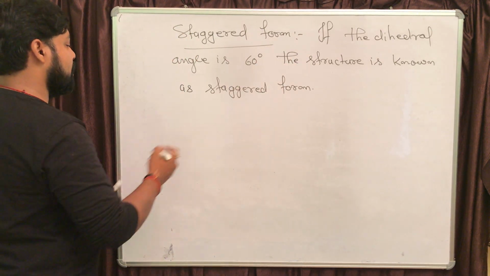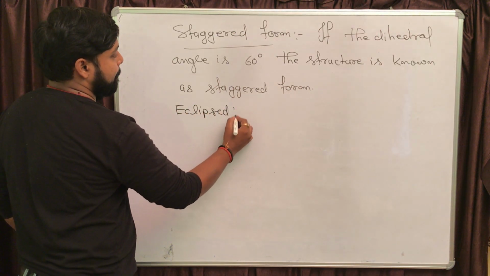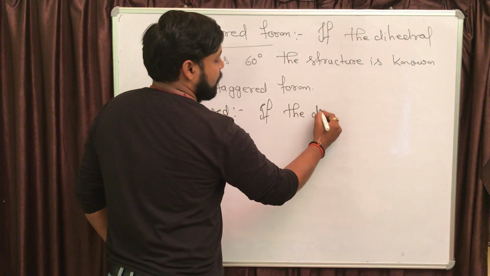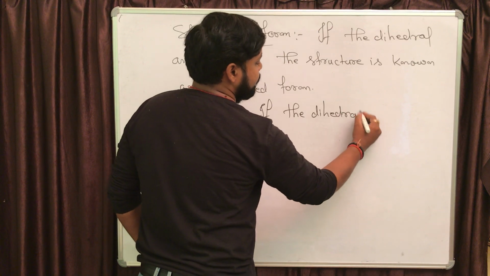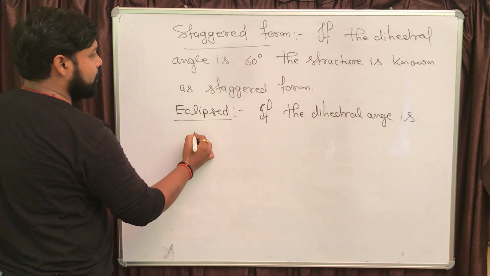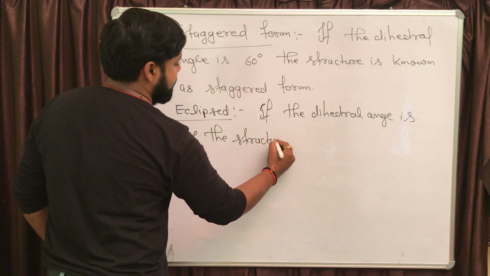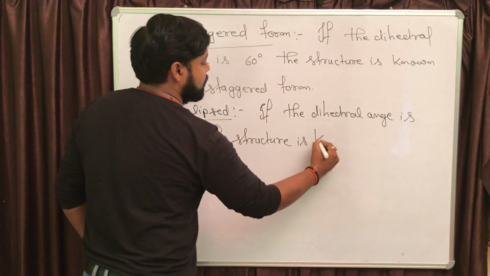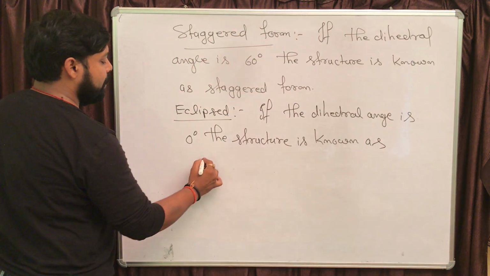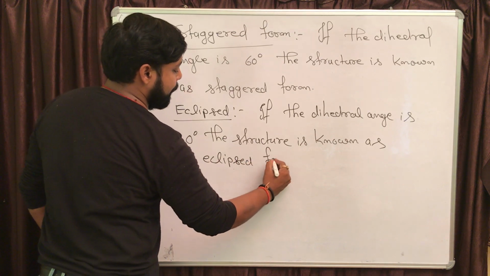Next, eclipsed: if the dihedral angle is 0 degree, the structure is known as eclipsed form.